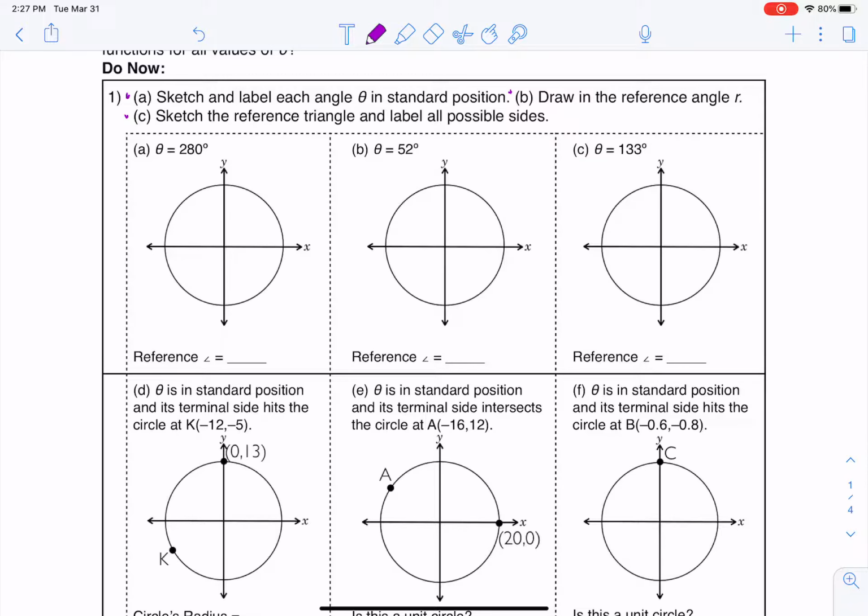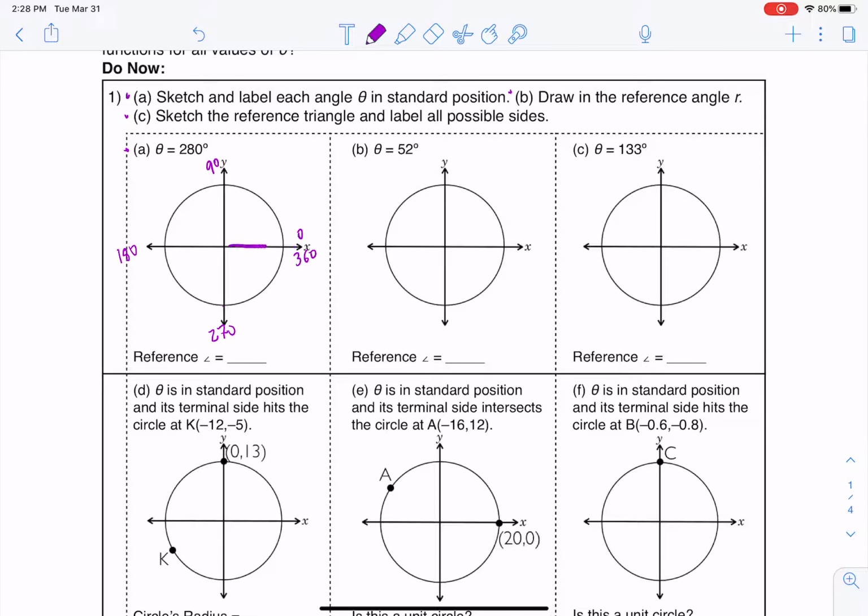So for problem A, we're given a theta measurement of 280 degrees. I won't do this for all the problems, but for the first one, we can get started just by drawing in our quadrantal angles, or our guide angles. 280 degrees is somewhere between 270 and 360.